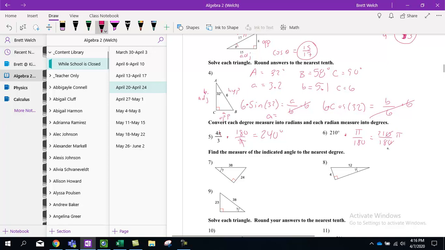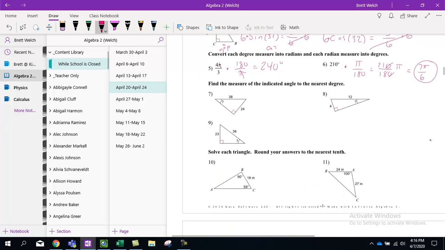The zeros can cancel, and then 21 and 18 divide by 3, giving me 7 pi over 6. If you struggle with that reduction, this might be a case where you're going to show some work. Do the best you can. If you put in 210 pi over 180, you can still get a good amount of credit for that. So just be careful. Try to reduce them. They're not crazy hard to reduce, but I'm asking that you make that effort.